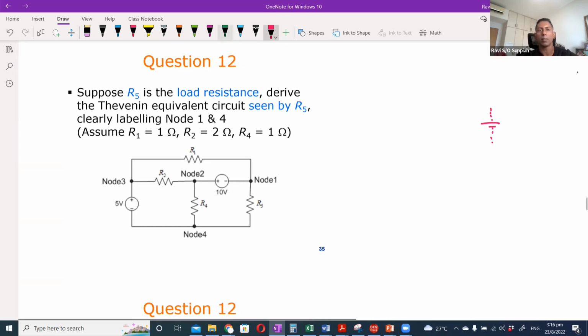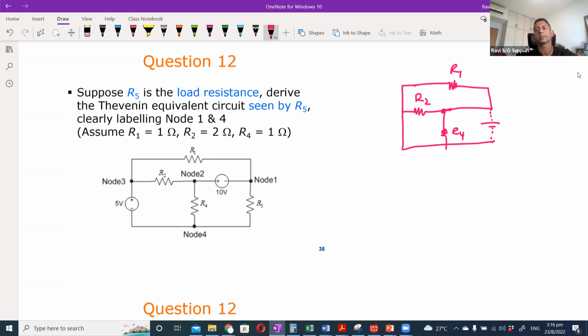And then the voltage sources we short circuit, and we just keep the resistors R1, R2, R4. This is a short circuit. So that is basically the circuit you will get after you remove the load, which is R5, short the voltage sources, and imagine there's an imaginary power supply there.